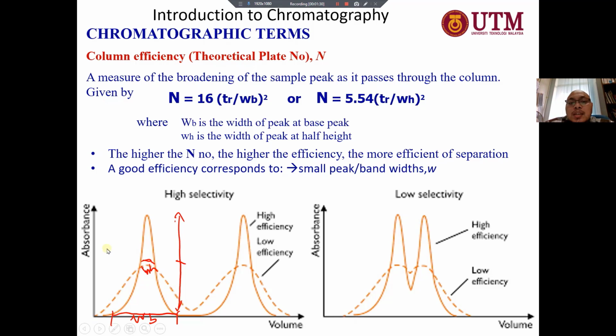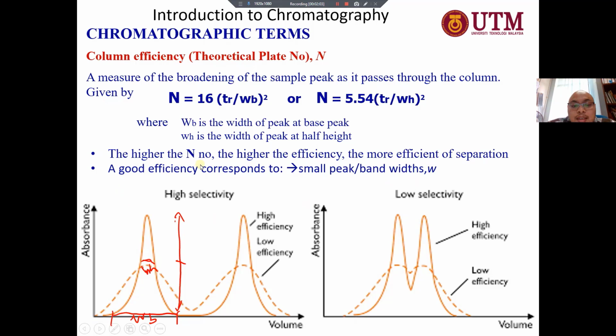If the question gives you the width at half height, please use the formula with WH, don't use the other formula. And vice versa, if the question gives you WB, use the WB formula. The higher the N number, the higher the efficiency, the more efficient the separation.